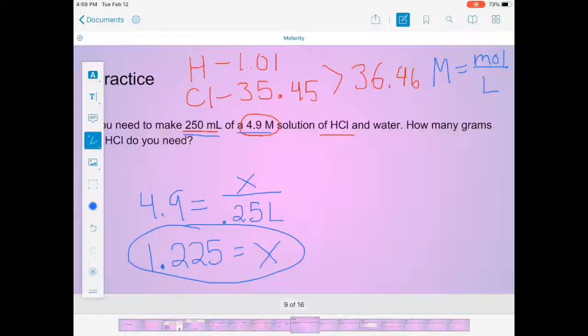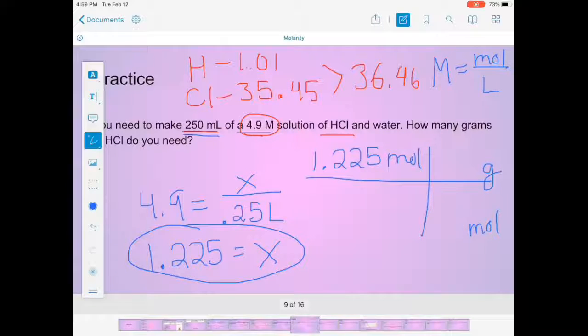So this time, instead of going from grams to moles, you're going to be going from moles to grams. So over here, I'll just write 1.225 moles, and I'm going to use conversion factors to get it into grams. If I want grams, I got to put that on top, and moles is going to go on the bottom. So moles will end up canceling out. And then we just have to figure out what numbers go with what. 1 mole, and then on the top here, we're going to have 36.46 grams because that's what we found up here.